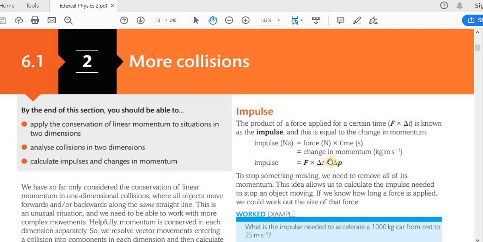Then you get (mv minus mu) over t, and that's how you get the change in momentum over time. You move the time to the other side, and you get Ft is equal to delta p. The force times the time is equal to the change in momentum, and this is what we call the impulse. Calculate impulses and changes in momentum.